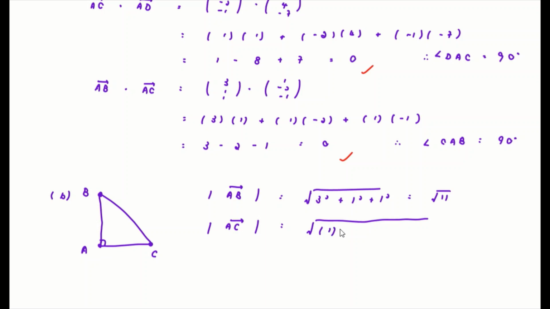So 1 plus 4 plus 1, that's 6. Okay, so the area of triangle ABC is equal to half times the height times the length. So in this case, we get 1 over 2 square root of 66.